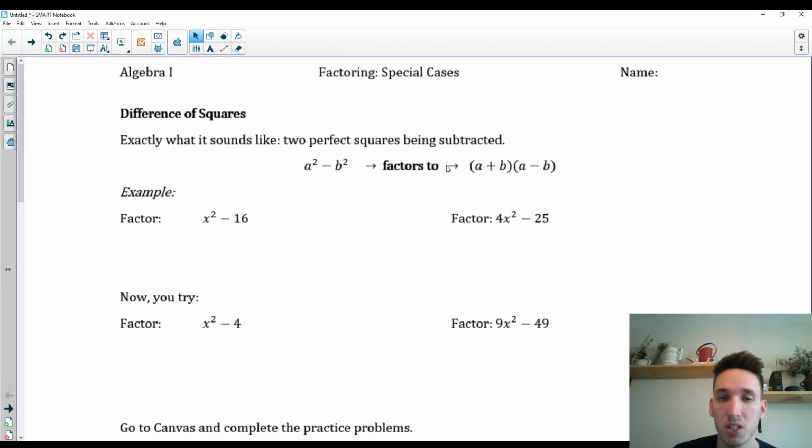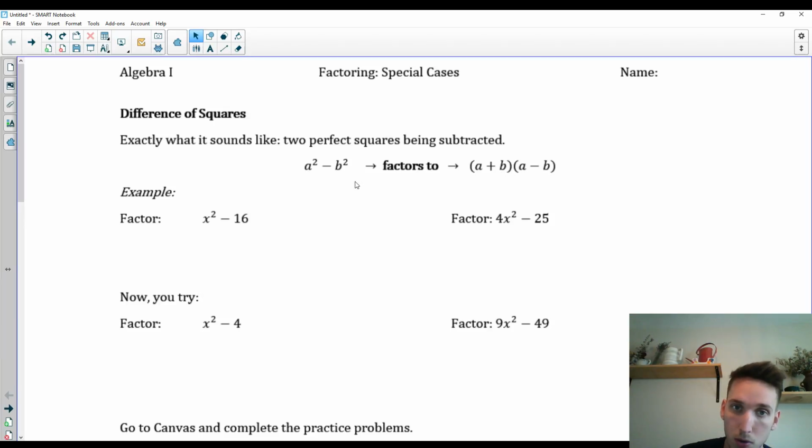So here's the general example, and then we'll jump into some actual examples. This is where it starts to make a lot of sense. In general, when you have a perfect square minus a perfect square, that's going to factor into a binomial times a binomial, right? A plus B times A minus B, where A is the square root of A squared, that first term.